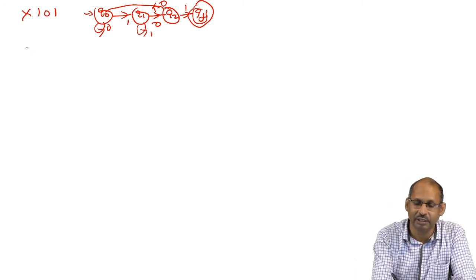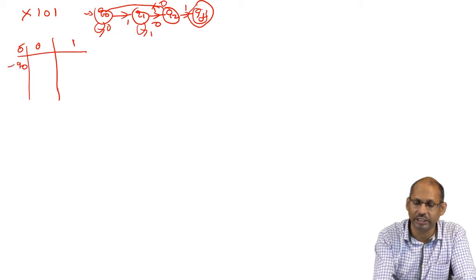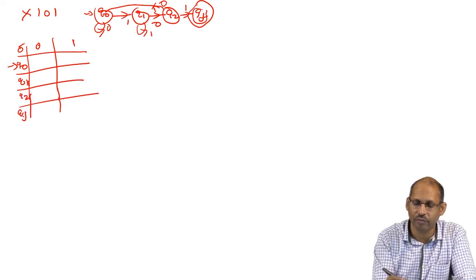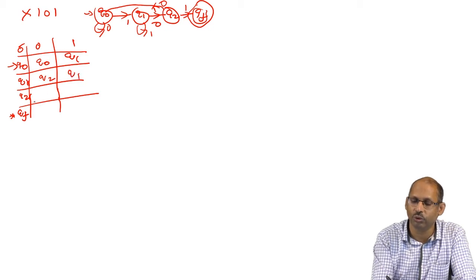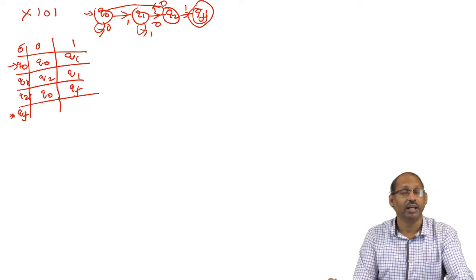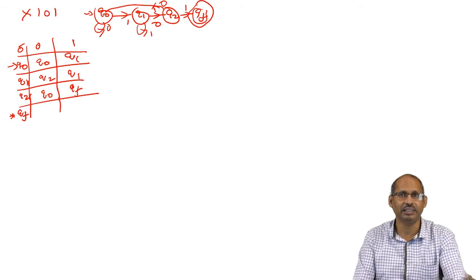We are considering the previous transition table up to this point because the procedure is the same. Q0 is the initial state, Q1, Q2, Qf. Q0 is Q0, Q1 on 0 is Q2, Q1 on 1 is Q1, Q2 on 0 is Q0, Q2 on 1 is Qf. Up to this point, all the transitions are the same.